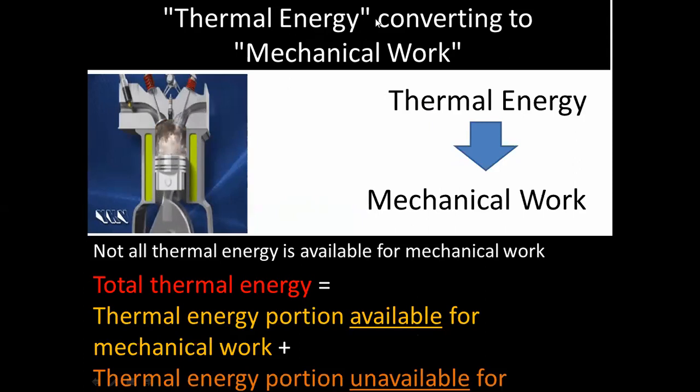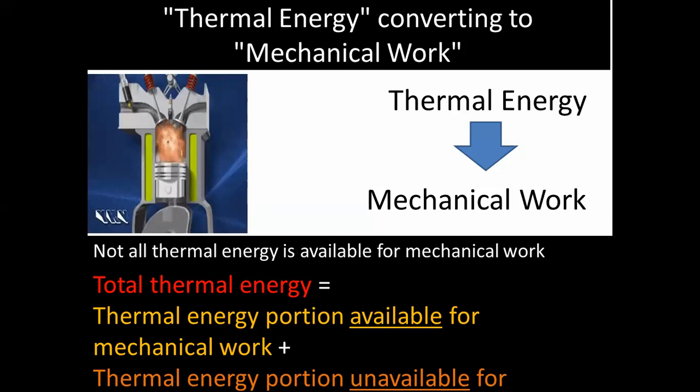So this thermal energy is converting to mechanical work, but not all thermal energy is available for mechanical work. Out of the total thermal energy, only a portion is available for mechanical work. The balance is the thermal energy portion unavailable for mechanical work.